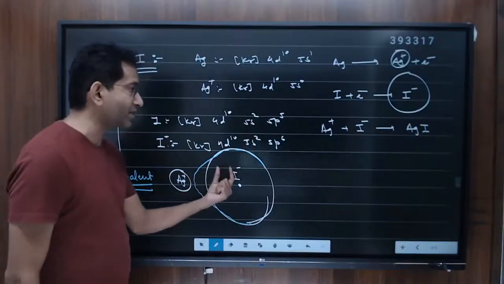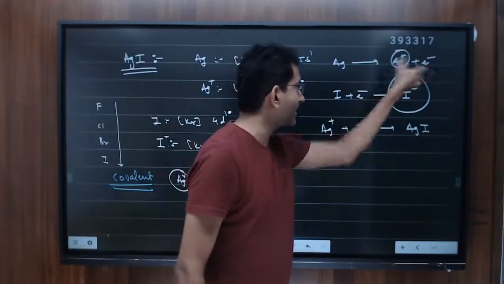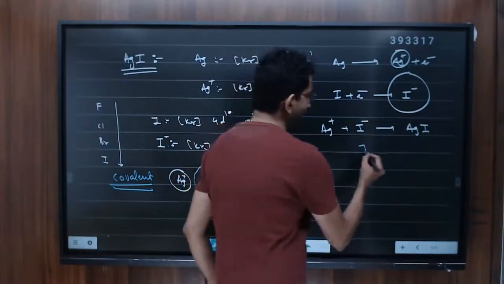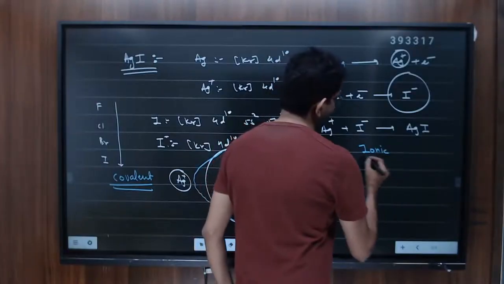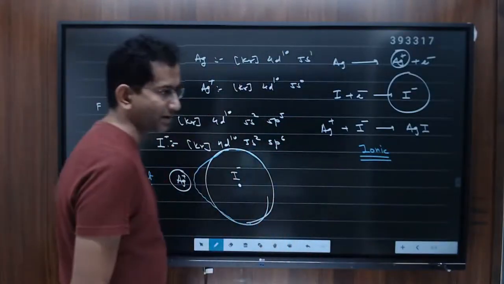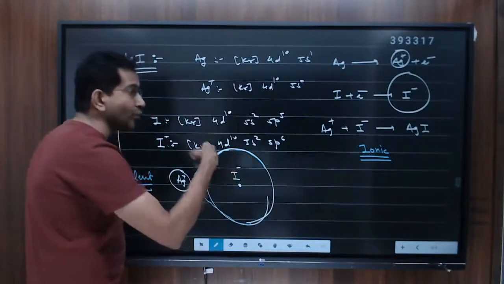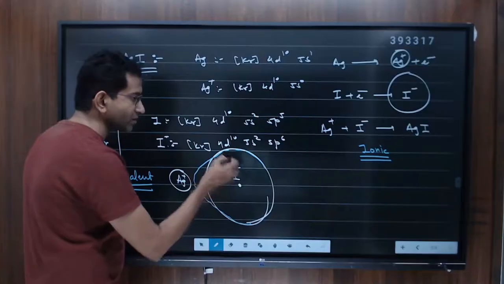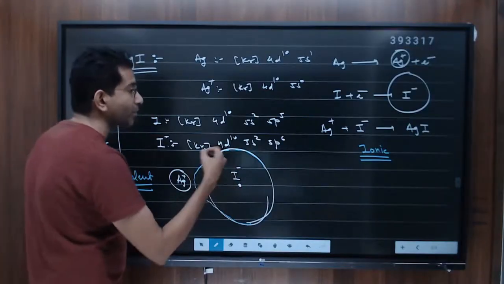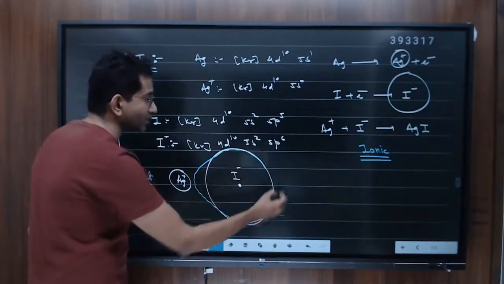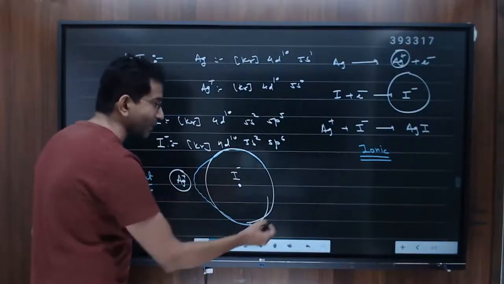This is actually the compound that has been formed by the electron transfer. So ideally this compound is ionic in nature. But once the compound is formed, the iodide ion being very large in size, the nucleus of iodine is not capable of providing sufficient attractive force over the electrons present in the outermost boundary.